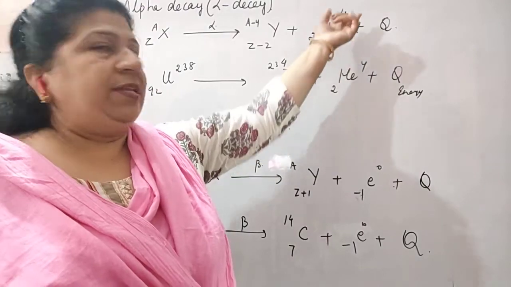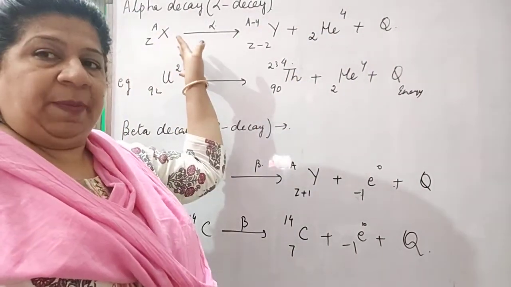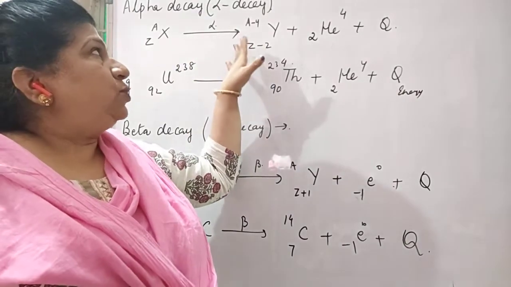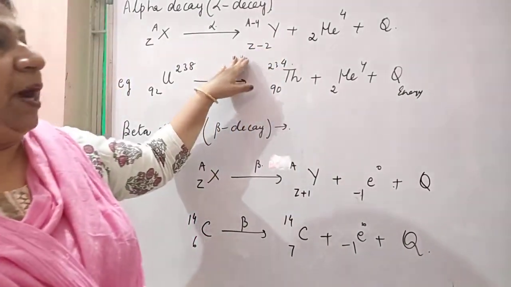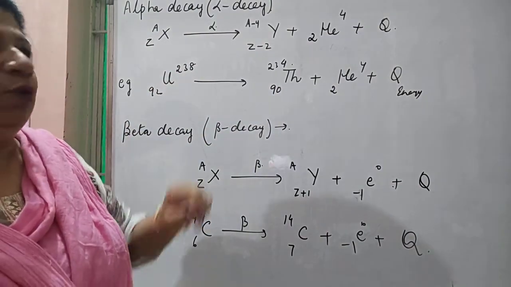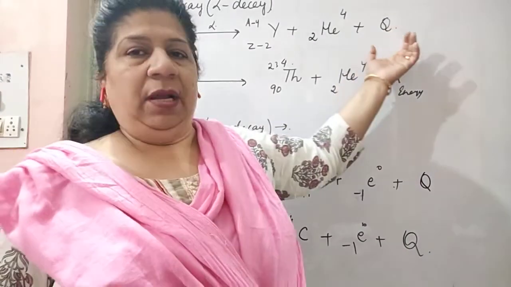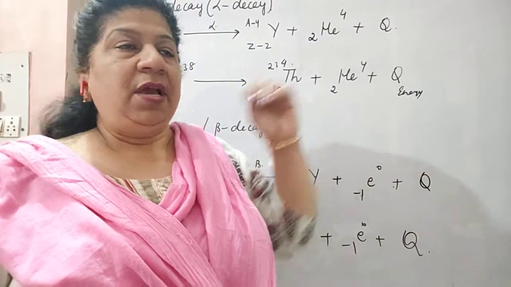Helium is 2He4. So finally it is coming out from the nucleus of the initial particle, and we get a particle in which the atomic number has decreased by 2 and the mass number has decreased by 4, and obviously a lot of energy is released.